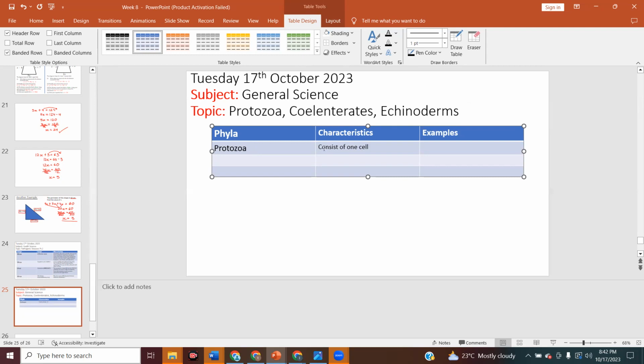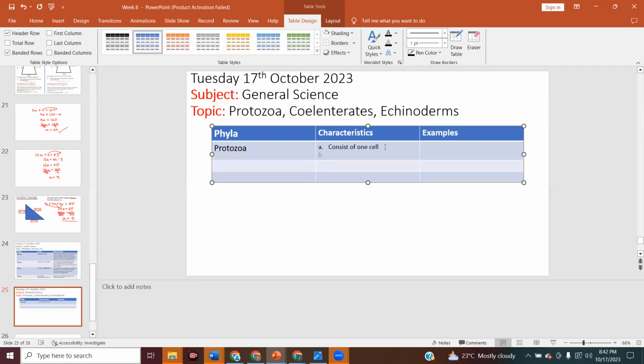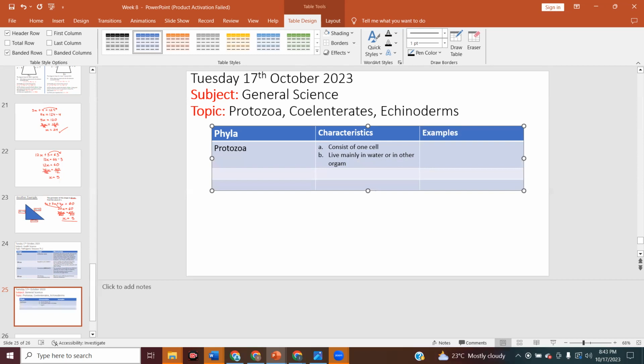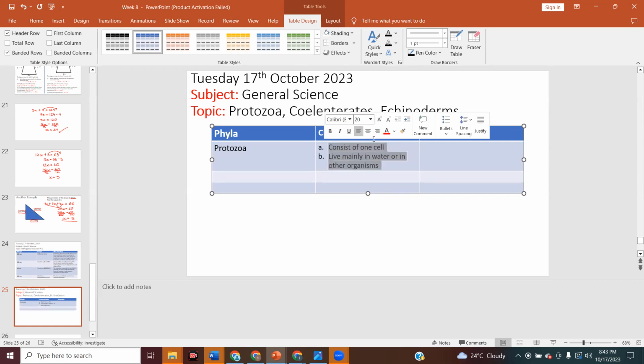All right, and they live mainly in water, or they live in other organisms. That's how small they are. So protozoa are one cell organisms, single cell organisms.